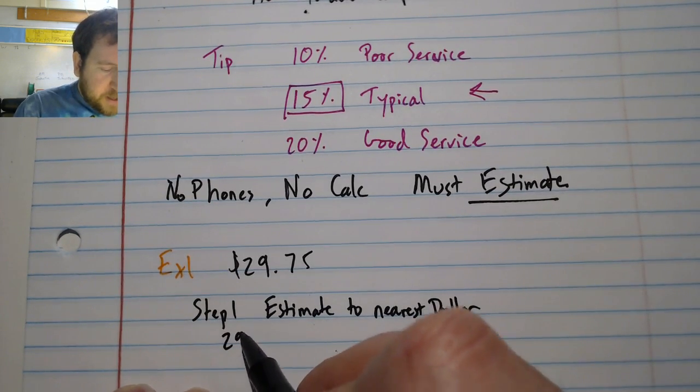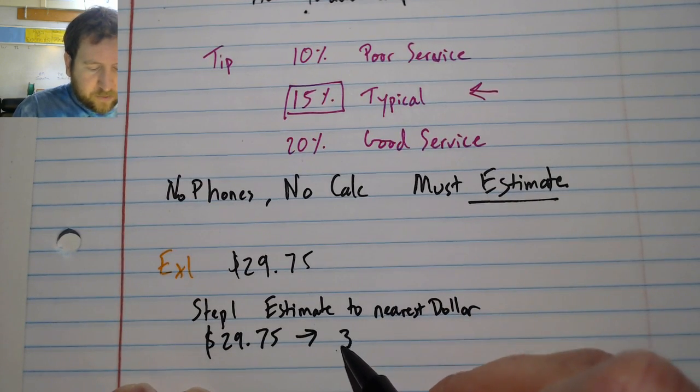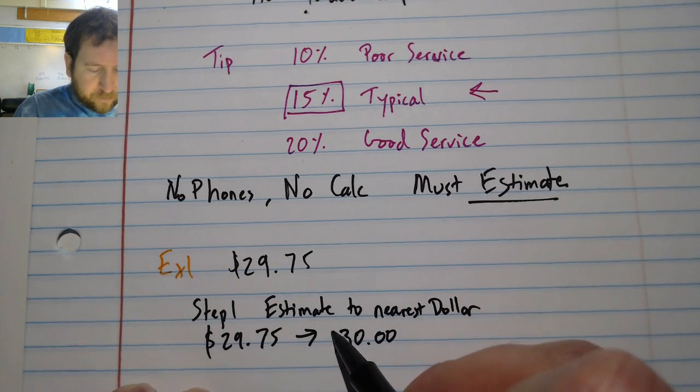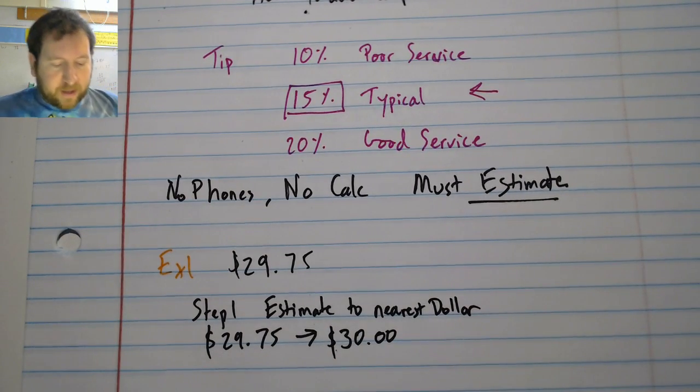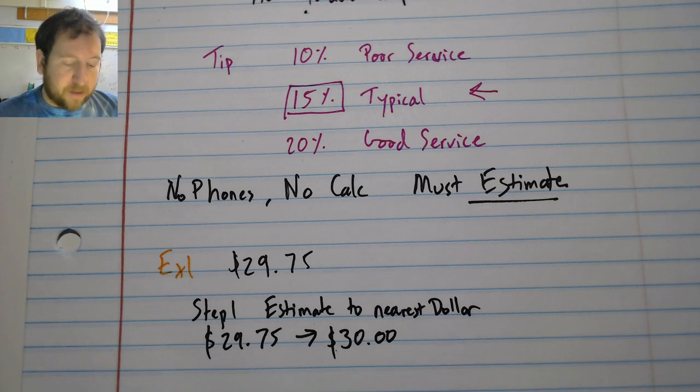So my $29.75 is going to go to $30. Now this $30 is going to be much easier for me to calculate how much of a tip I need to leave.